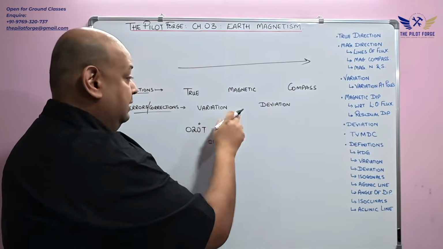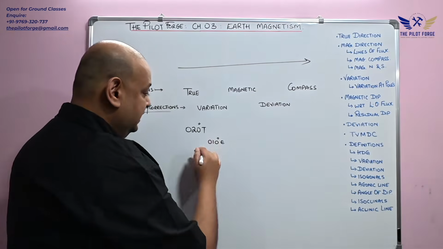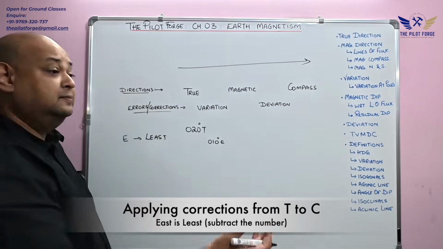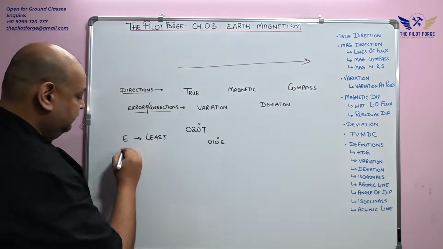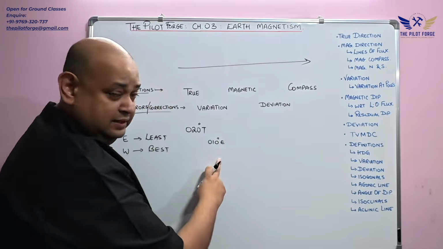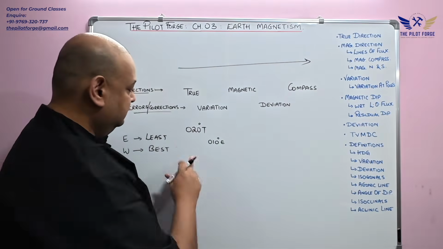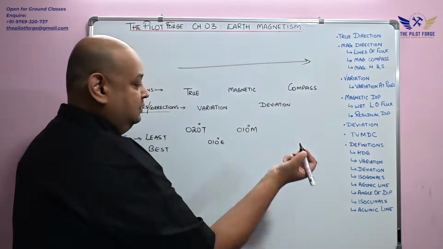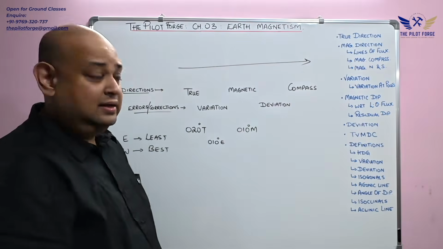When you're applying variation, easterly directions least. So you remove or you subtract easterly directions, and for westerly directions, you add. In this case, 010 degrees east is subtracted from 020 degrees to get a magnetic direction of 010 degrees magnetic. It's as simple as that.